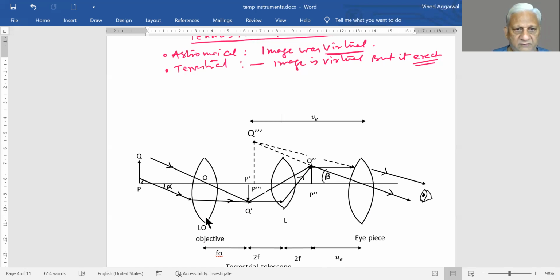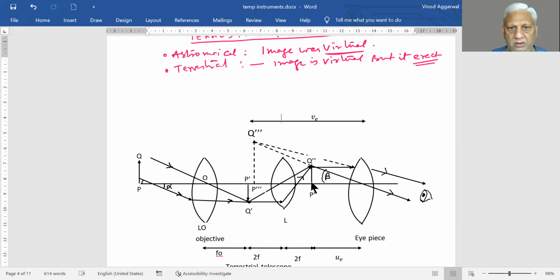This is the objective lens. Obviously, the rays are going to focus at focal point of this. Then there is another lens which converts this inverted image to this image. This is real, this is also real.